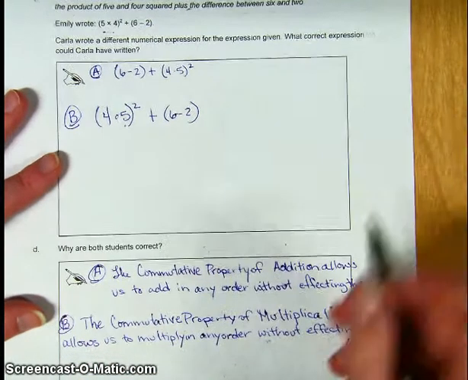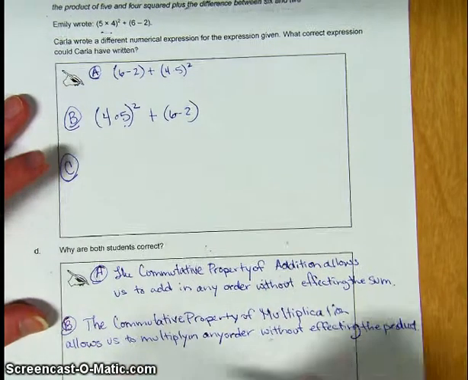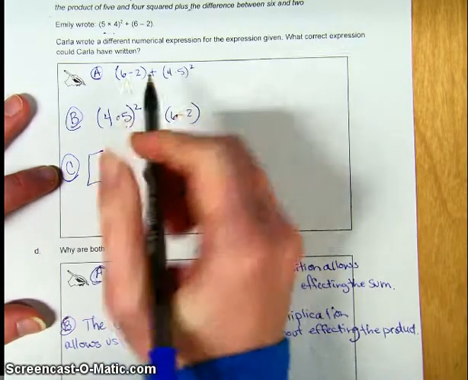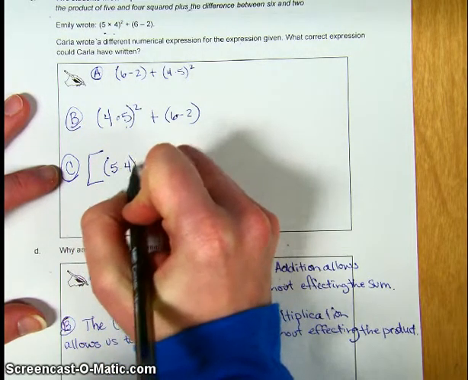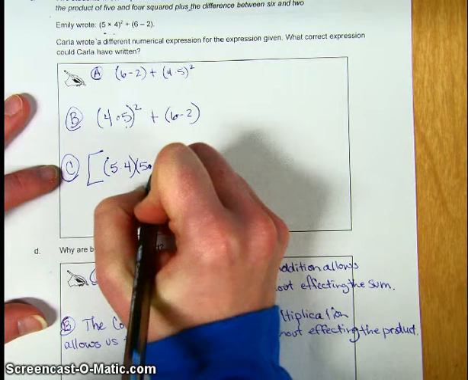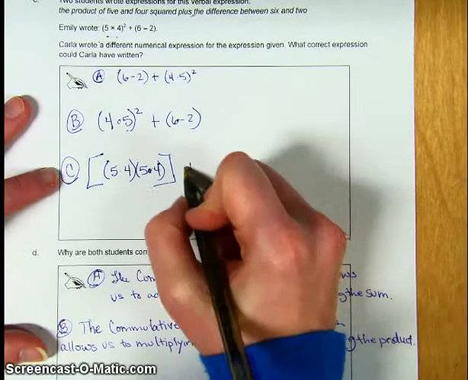All right, for C, the third option that we came up with was to break down the product of 5 and 4 squared to this. That's times 4 inside those big brackets.